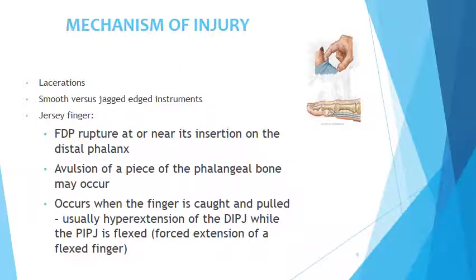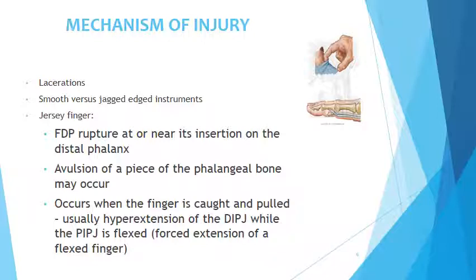We have looked at some of the mechanisms of injury before, but let's go over it again. How can a flexor tendon injury occur? It can be a cut, a laceration, on the flexor surface, the palmar surface of the hand, in any of the 5 zones mentioned previously.